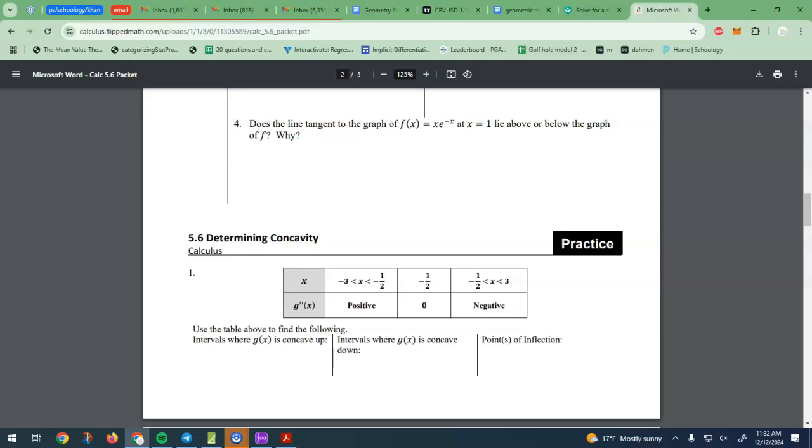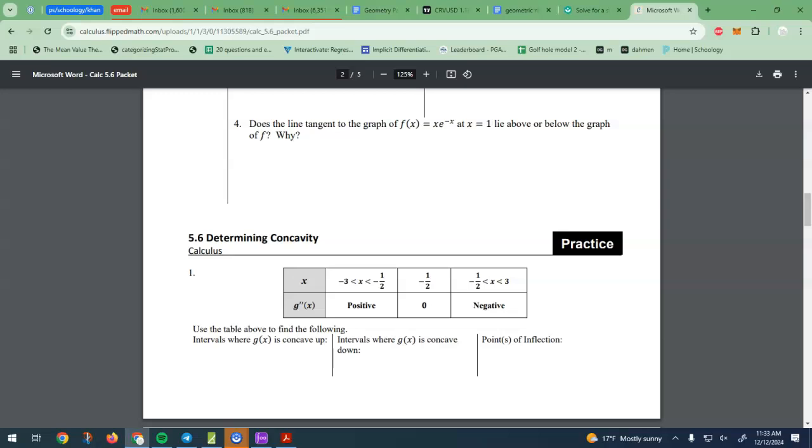So remember the derivative of e to the blah is e to the blah, but then you got to multiply by the derivative of the blah. This is negative x. Now maybe I should clean this up. Okay.